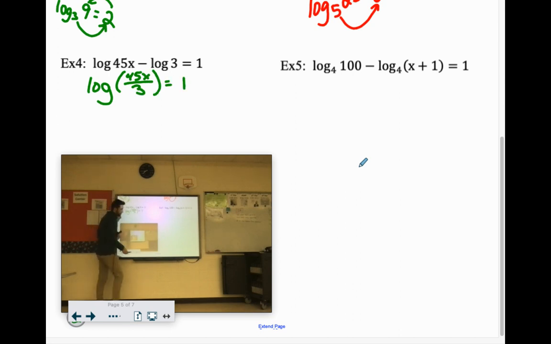Now, I would divide that right now. 45x divided by 3 is 15x. And then we can set up an equation, 10 to the first power equals 15x, or you can give it the base of 10 on both sides. That will cancel out the logs of 10.